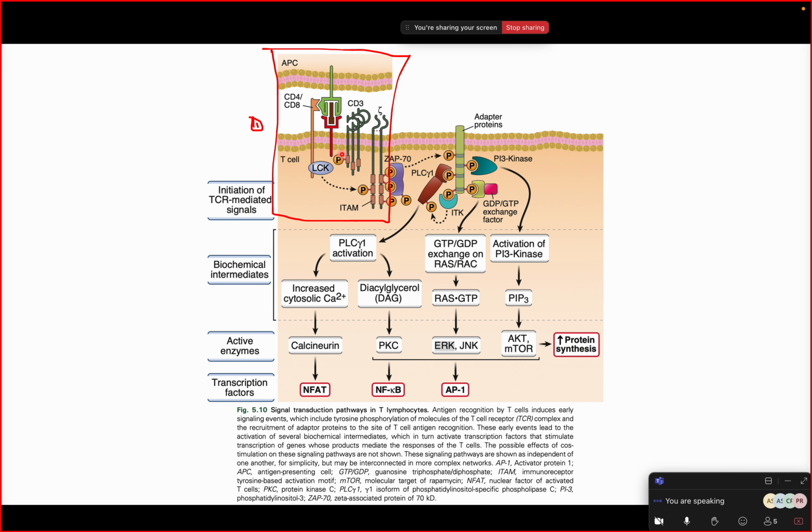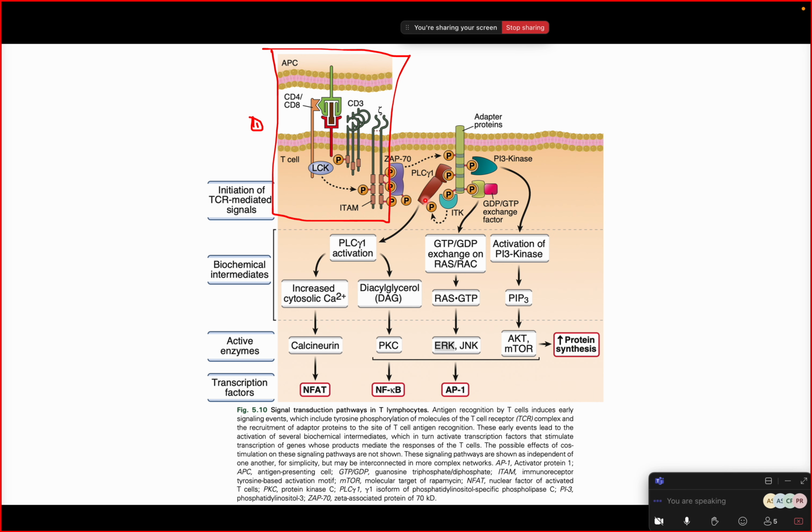Once this receptor got the phosphorylation, this protein identified the phosphorylated receptor. Once this protein is activated, it phosphorylates another adapter protein. Once this adapter protein is activated, it will be recognized by another protein which was present but was not able to recognize the adapter protein because it was not phosphorylated.